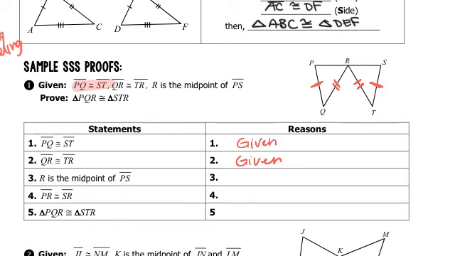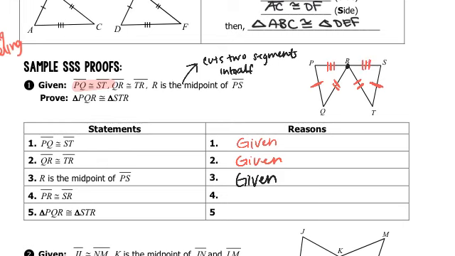And then R is the midpoint of PS, also given. Now, R here is the midpoint. Remember, if they tell me something is the midpoint, that means it cuts the segment in half. Well, that would mean that PR is congruent to RS.